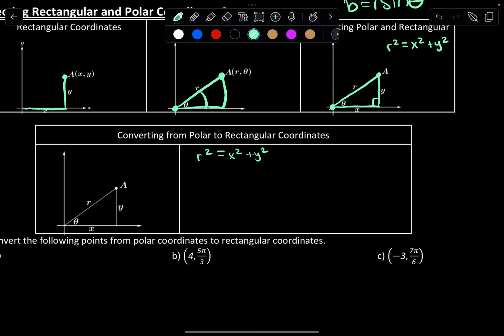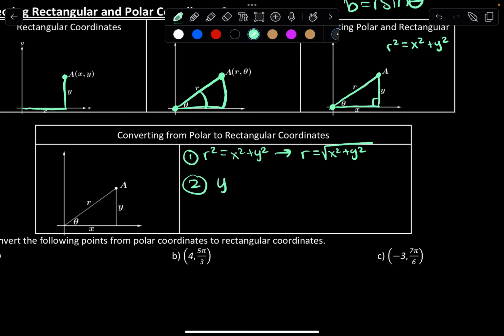All right, so the formulas that you will need to remember, let me pull this back up. The first one is that r squared is equal to x squared plus y squared, and by extension, r is equal to the square root of x squared plus y squared. The second one, this is stemming from complex numbers, but now we're going from rectangular to polar.